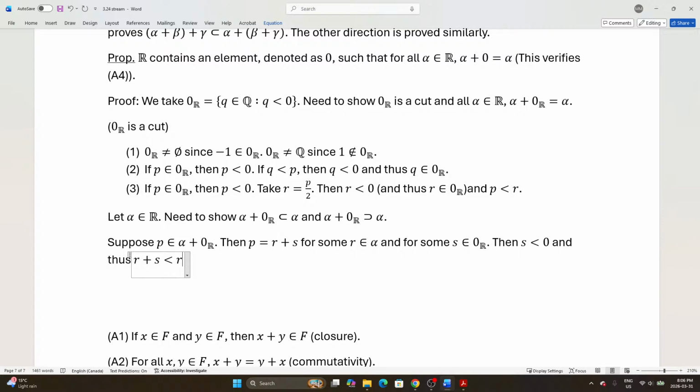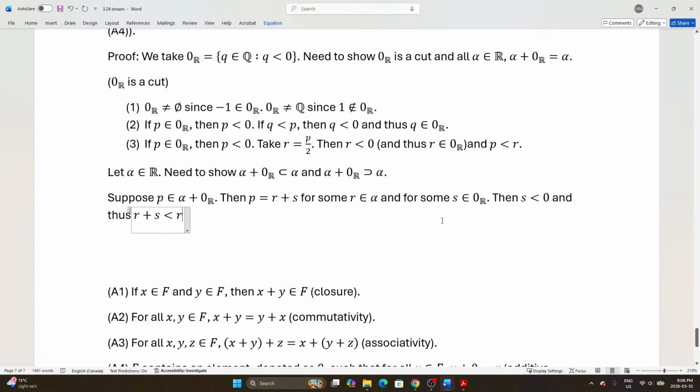If R plus S is less than R, we can use the cut property, which we just deleted, but hopefully we can remember that by now. R is in alpha and something less than R must be in alpha.